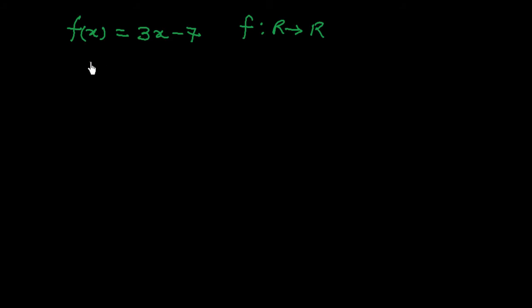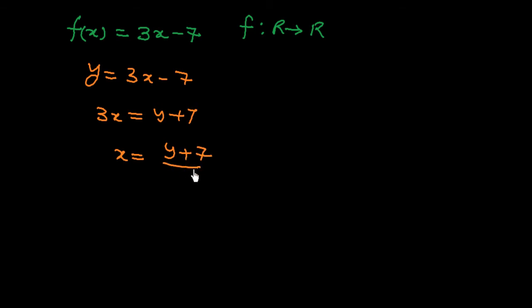Now we have to find the inverse of this. So instead of f of x, we put y here. So y is equal to 3x minus 7. So 3x is equal to y plus 7 and x is equal to y plus 7 over 3.